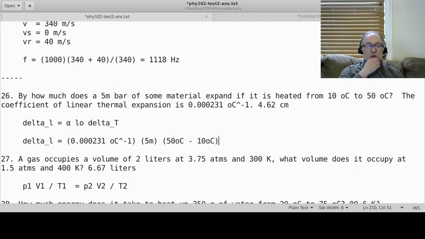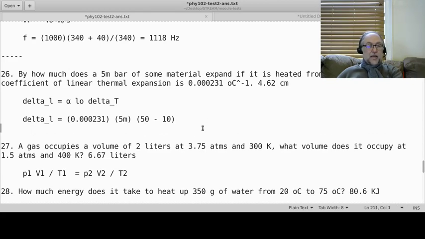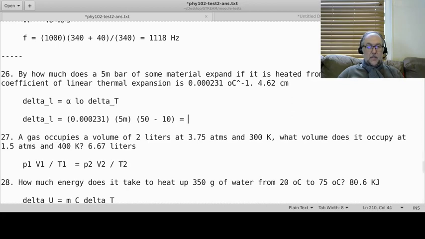You'll notice that the per degree Celsius is going to cancel these degrees Celsius, and the only thing you're left with is meters, which is what you expect. The answer is 0.0462 meters. To match the answers I had, you had to convert it to 4.62 centimeters.